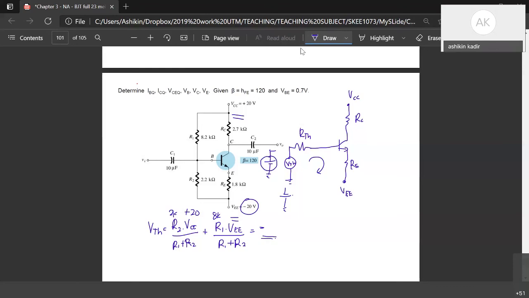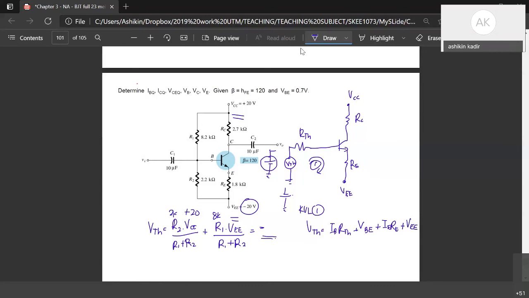The easiest is just put it in a circle, so that when you write your KVL1, you have VTH, same like our previous exercise. What we write is VTH equals IB RTH plus VBE plus IERE plus VEE.